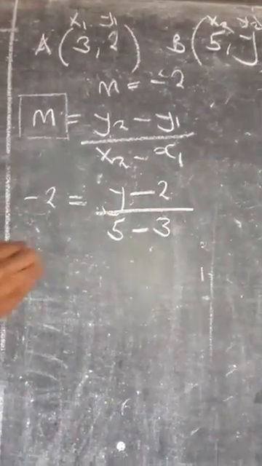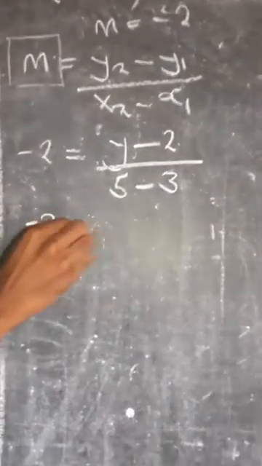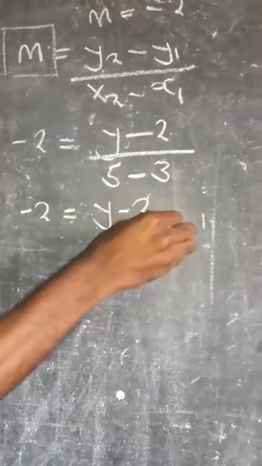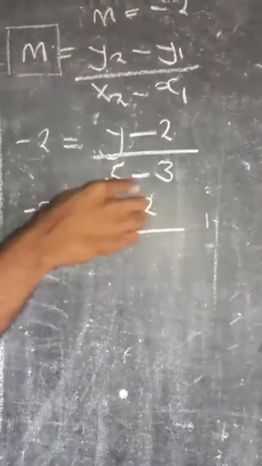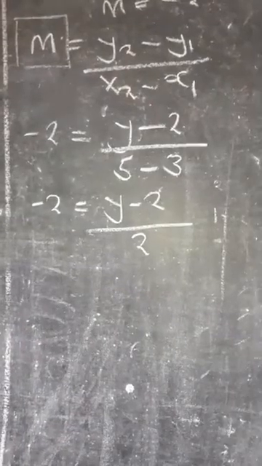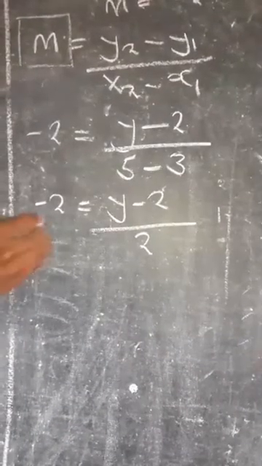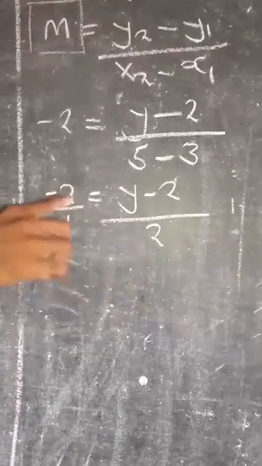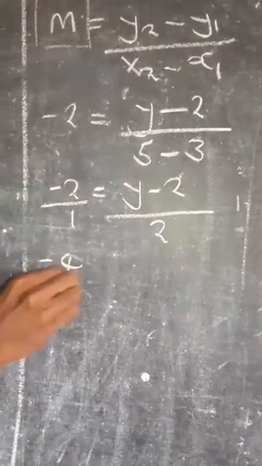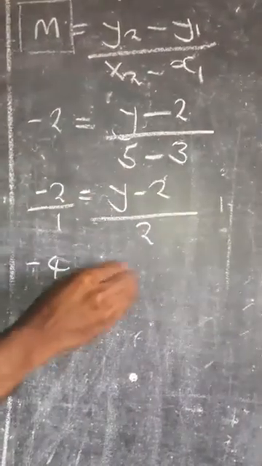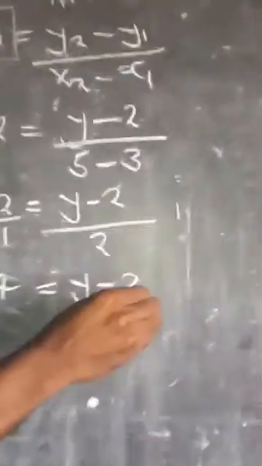So we can work on this. So -2 is equal to y minus 2 over 5 minus 3, that's 2. So we know this is over 1. So 2 by that is -4, and 1 by y minus 2 is just y minus 2.